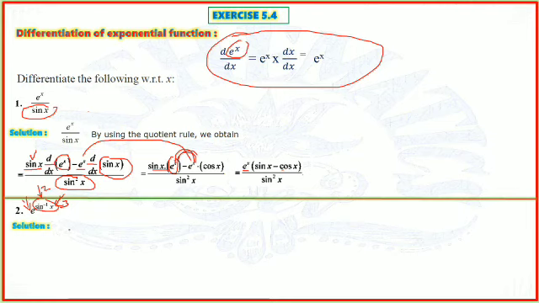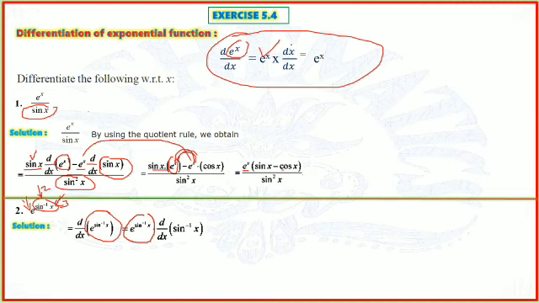So differentiating with respect to x, d over dx of exponential sine inverse x. The derivative of e to the power x is as it is, e to the power x, that means exponential sine inverse x like this, and then the derivative of the power. So here you can write it as the exponential function.